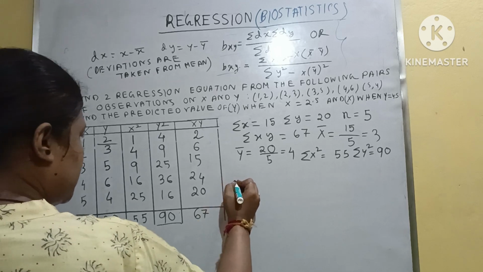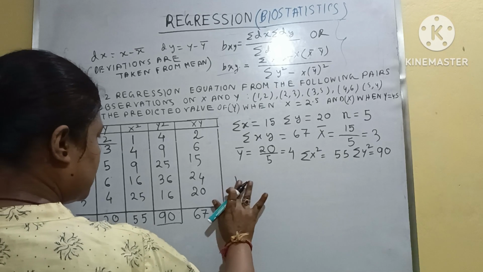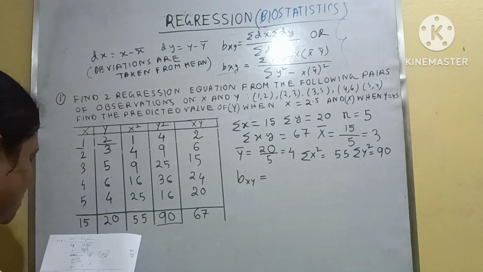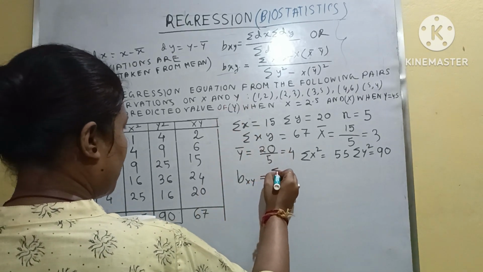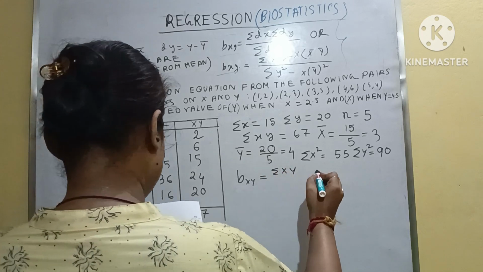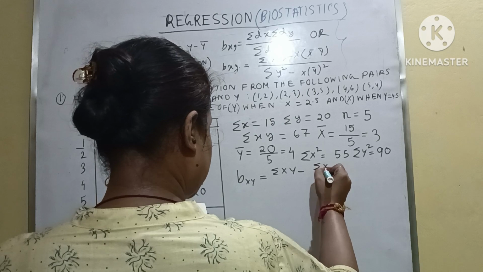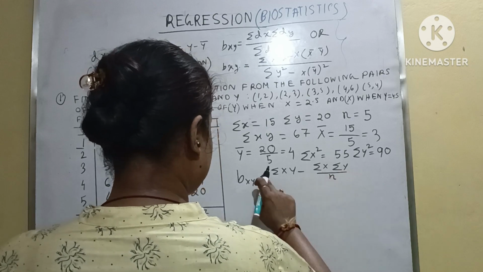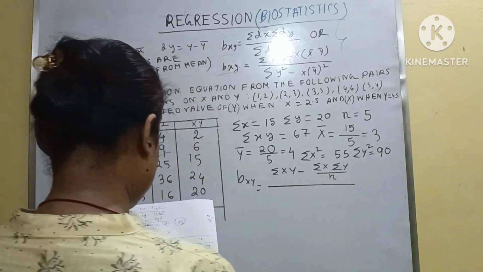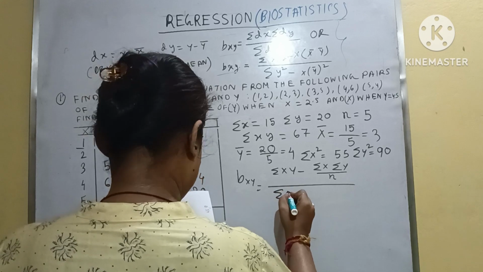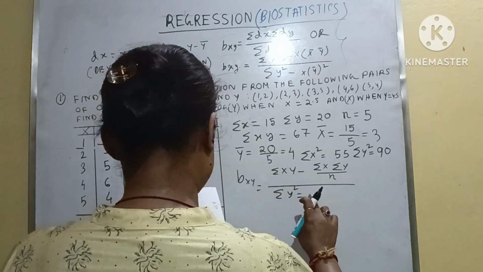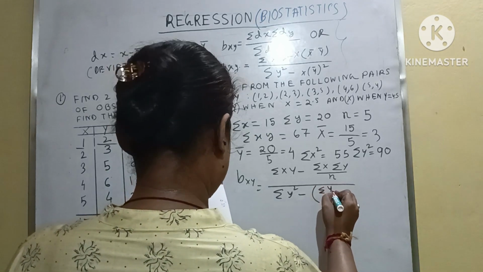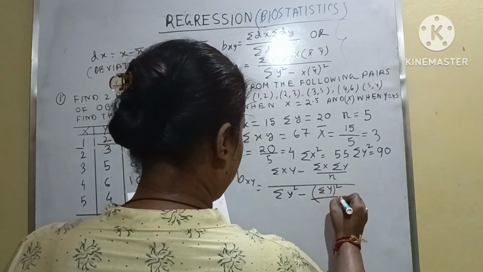Next, the formula is bxy. That is equal to summation of xy minus summation of x into summation of y divided by n, divided by summation of y square minus summation of y whole square by n.